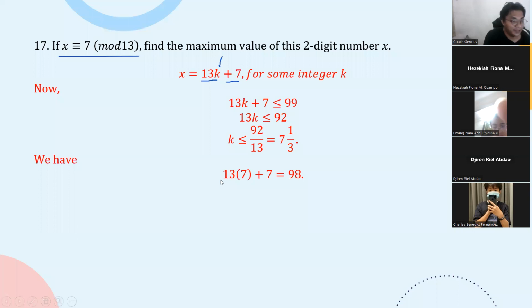So we have 13 times 7 plus 7 is equal to 98. And as you can see, this will be our largest two-digit number, x. So the answer for number 17 is 98. That is how you express it into an algebraic expression or equation.